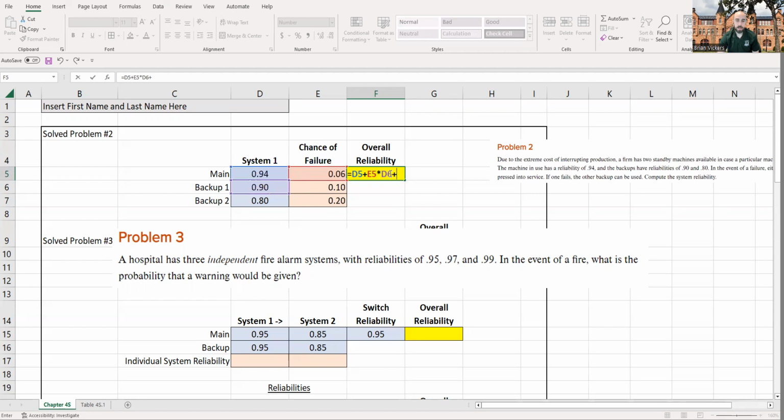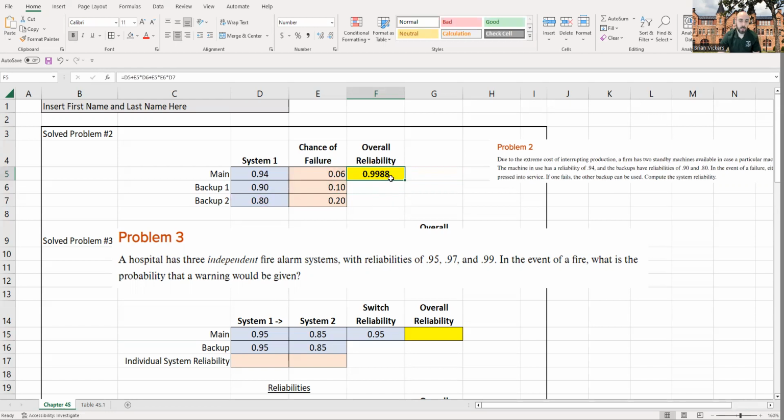Now what I get to add to it is the chance of needing backup 2. The chance that I need backup 2 is 6% times the 10% times the additional probability. All of that is going to give me my overall reliability of 99.88%.